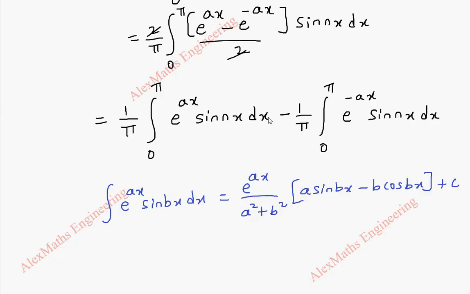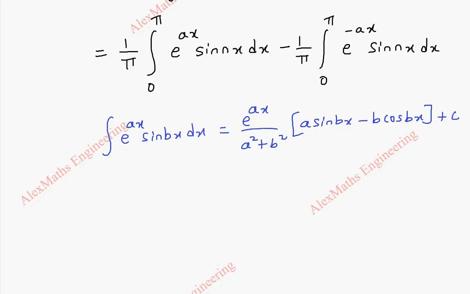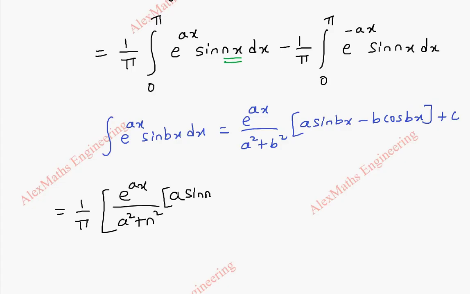So applying this formula for both the terms, as the first part we have 1 by pi, then e power ax by (a square plus n square), in place of b we have n, so into (a sin nx minus n cos nx).